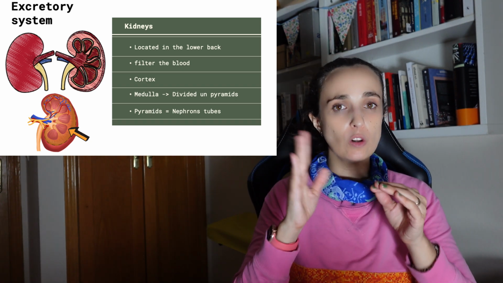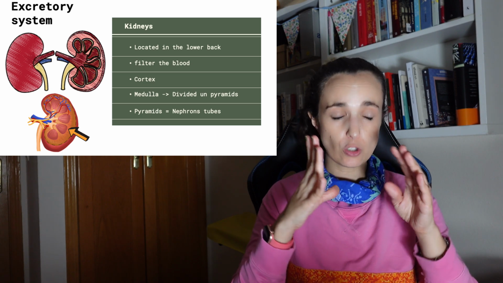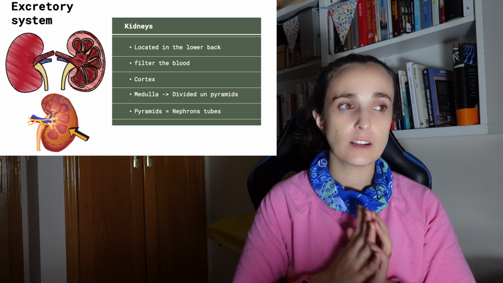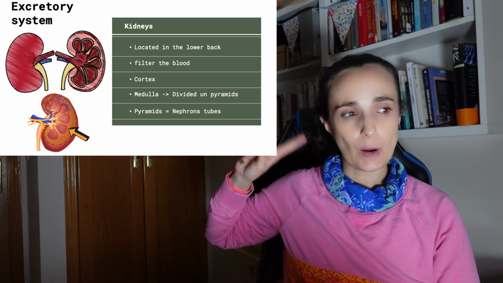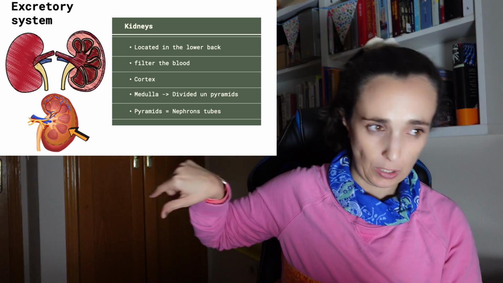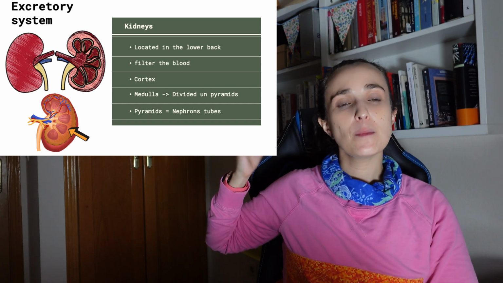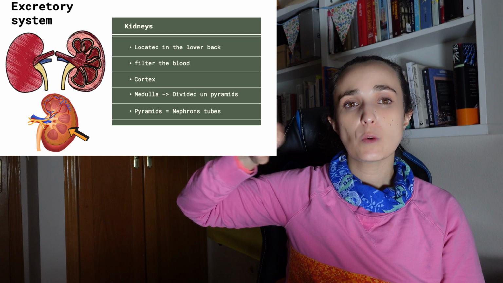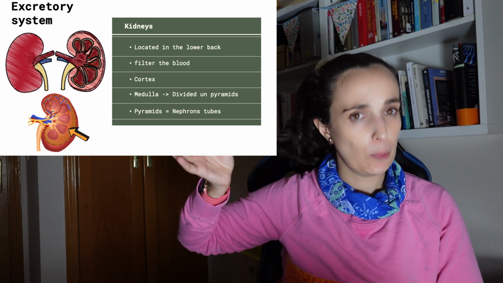All the nephrons, all the collection tubes will merge into the pyramids, which are those like triangles, dark brown triangles in the picture. And the pyramids will finish in bigger tubes, which we will call the renal pelvis.